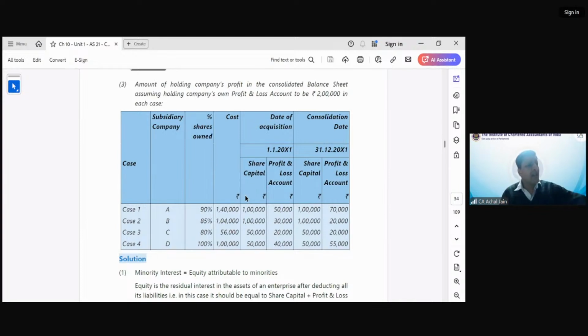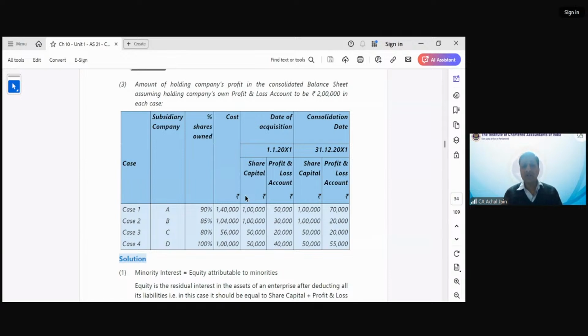There are four case scenarios which have been covered, and for each case scenario there's a different company and the percentage holding is different. Please remember they are all subsidiaries, irrespective of the percentage which is held.